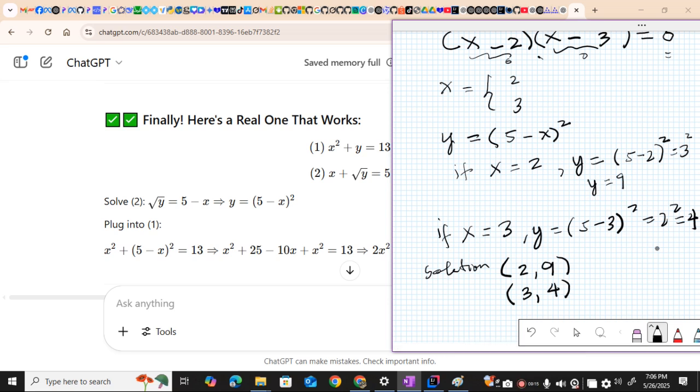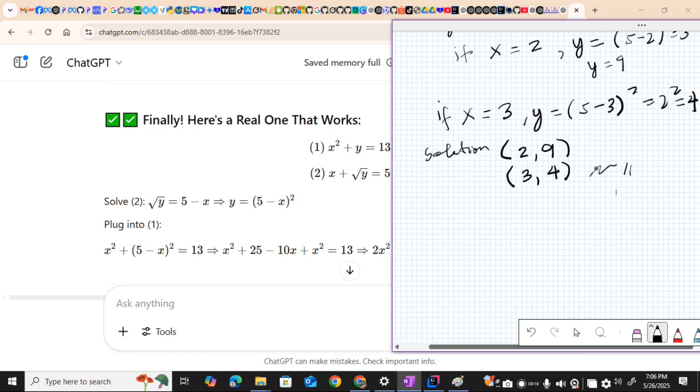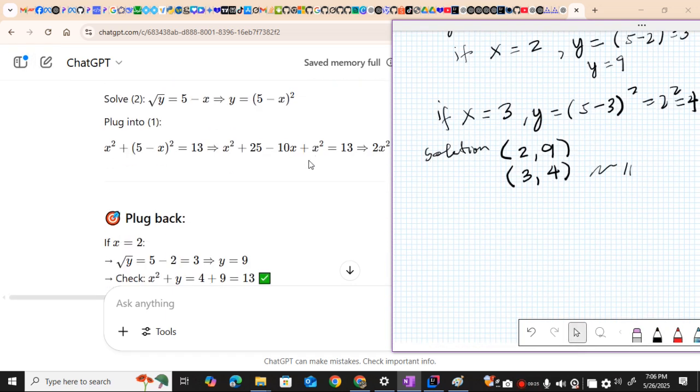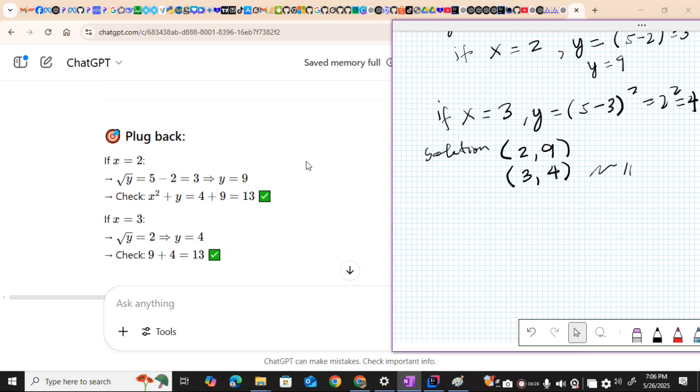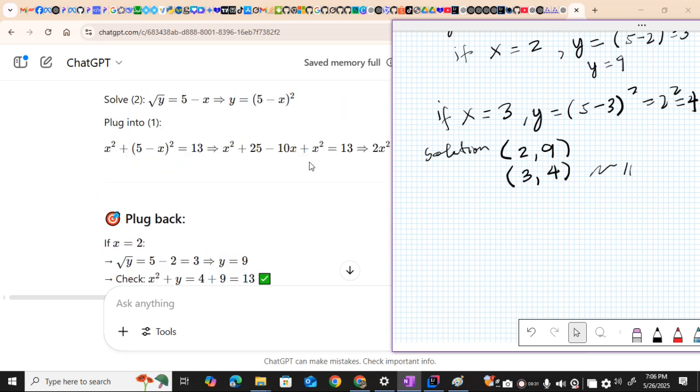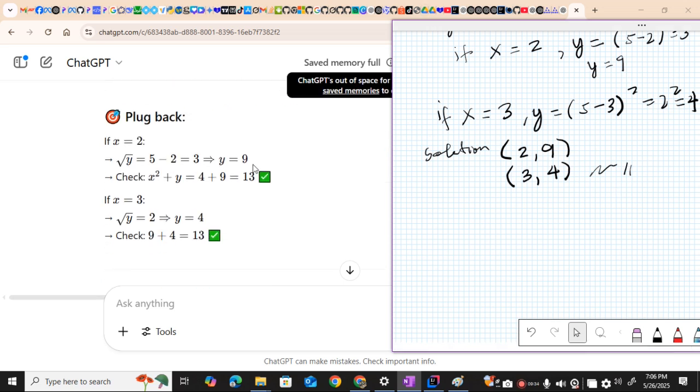So that's our solution. Now let's try to check if the solution is correct. The first thing that we have to do is try to see if it is the answer of ChatGPT. Yes, we are in unison with the answer. So the value of y is 9 and 4.